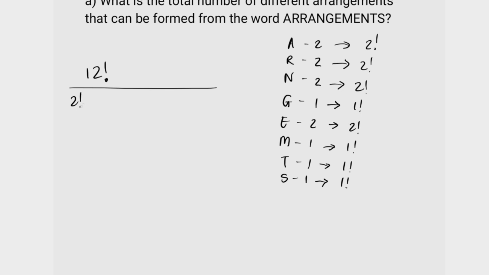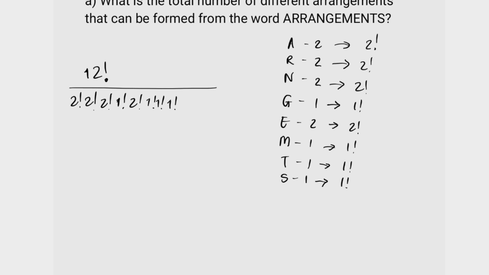So it's 2 factorial times 2 factorial times 2 factorial times 1 factorial times 2 factorial times 1 factorial times 1 factorial times 1 factorial. Let me change the way I wrote my ones here to make it a little more legible. Okay, and that's how you do that.